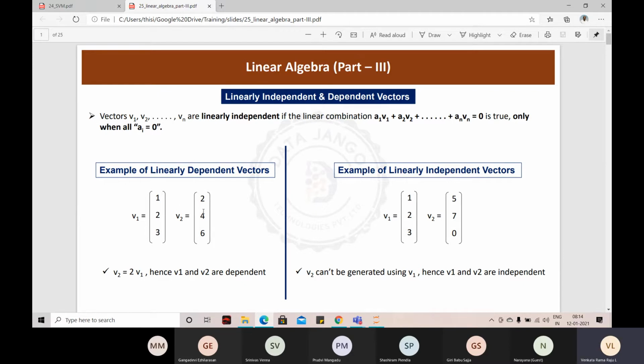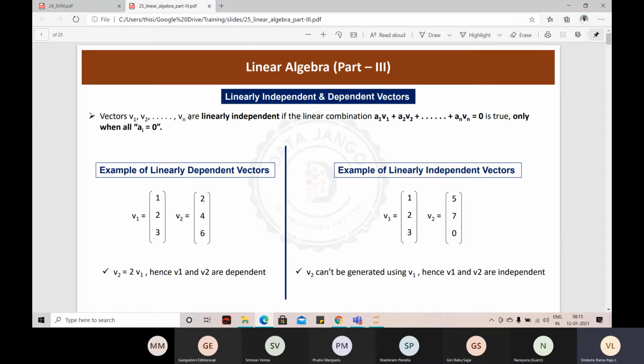You take one vector, multiply with another number, you are getting another vector. It is linearly dependent. If you are unable to do that, it is linearly independent. If you take these two vectors, no way you can generate the other vector by multiplying or adding or whatever manipulation you do. So they came up with a kind of mathematical theory based on this concept.